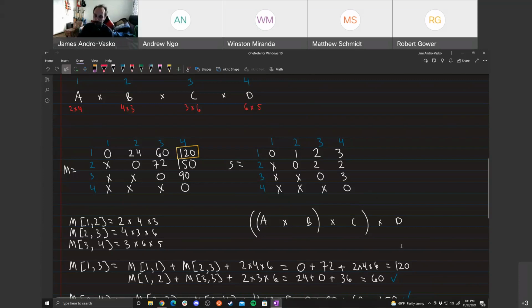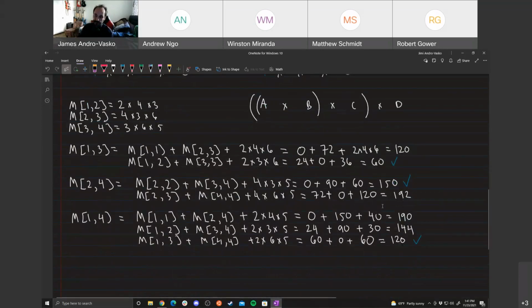And pretty much, the dynamic programming solution, the actual code for this, is as follows.